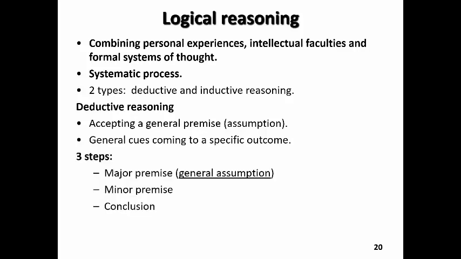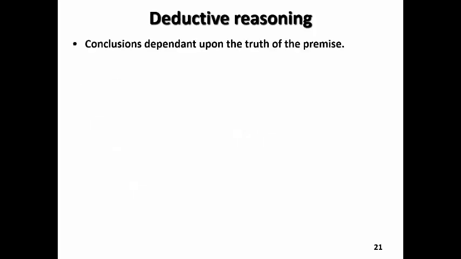And there are usually three steps with deductive reasoning. The first starts with that general assumption based upon some sort of theory, and that forms what's called our major premise. And from our major premise, we then launch a minor premise off that initial foundation, where we then arrive at some conclusion.